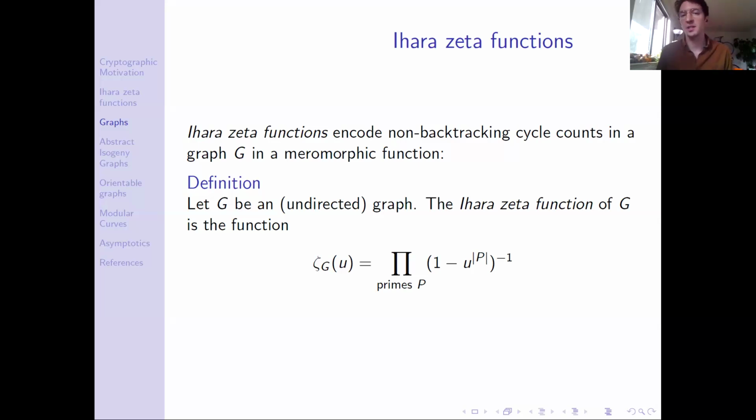And there's a small technical point that really our primes should be equivalence classes of primes. We don't want to count a cycle starting at one vertex versus starting at a different vertex along the cycle as different. So we really take the equivalence class up to cyclic rotations.